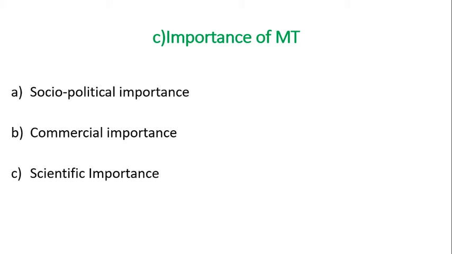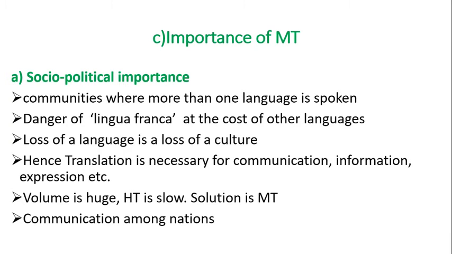So let's talk about some of the important aspects of machine translation in socio-political, commercial, and scientific arenas. The socio-political importance can be briefly discussed in these points. First, communities where more than one language is spoken, which we can call multilingual communities.